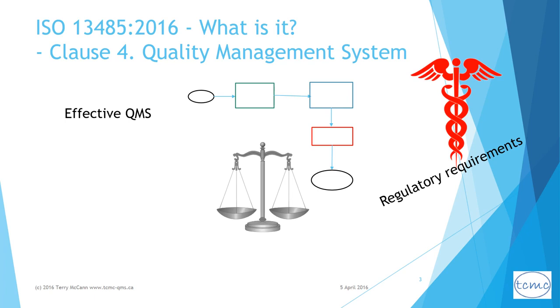You have to document your QMS or references to it in a quality manual. Each medical device type or family must be documented in a medical device file. You have to keep records where appropriate, and all relevant documentation and records must be controlled according to a documented procedure.